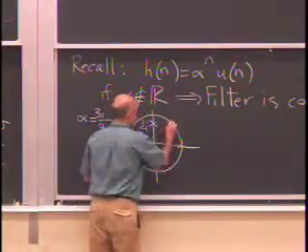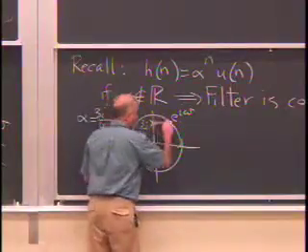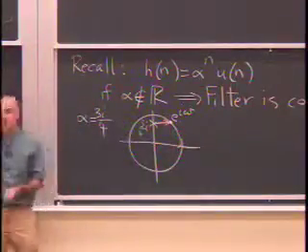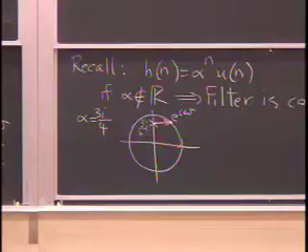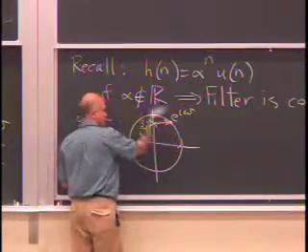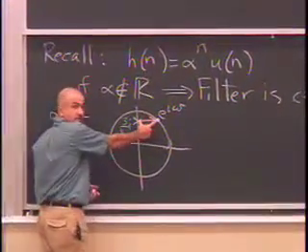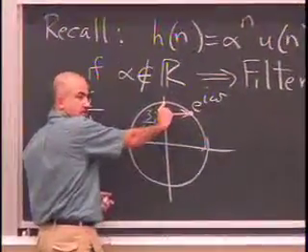And your e to the i omega would be on the unit circle. Your red vector would be from the x to the e to the i omega point. And as this particle moves around the unit circle, this red vector has minimum length at pi over 2.